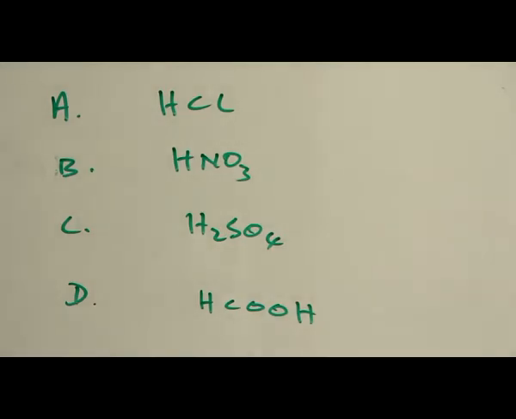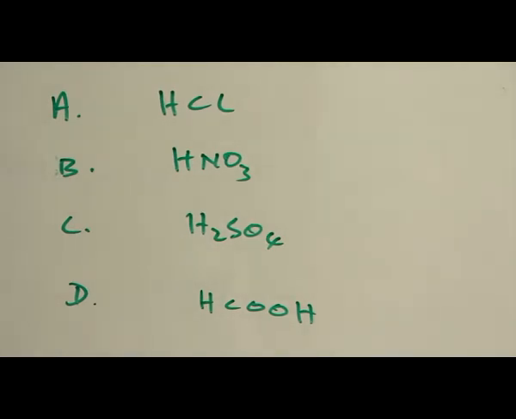Let's consider the options one after the other. A. Hydrochloric acid. Now, hydrochloric acid is monobasic. It has only one replaceable hydrogen ion and so cannot produce an acid salt. B. Trioxonitrate 5 acid. Trioxonitrate 5 acid is also monobasic. It has only one replaceable hydrogen ion. It can only produce a normal salt.